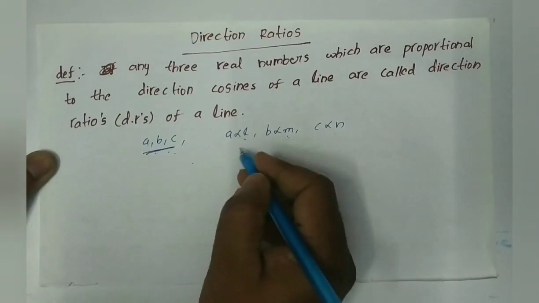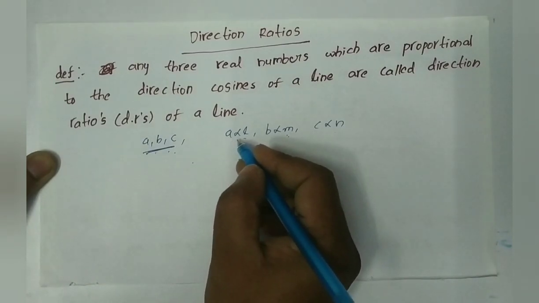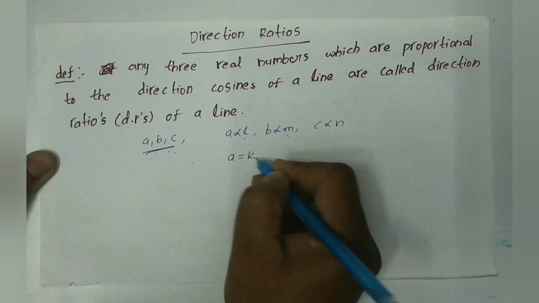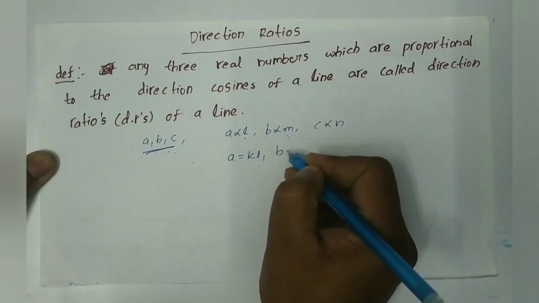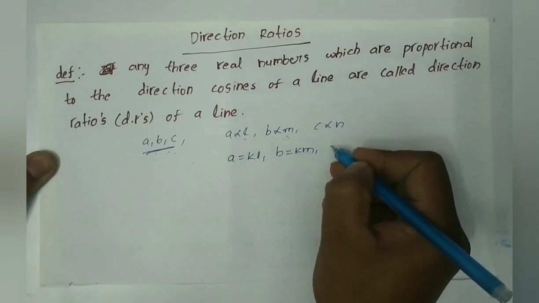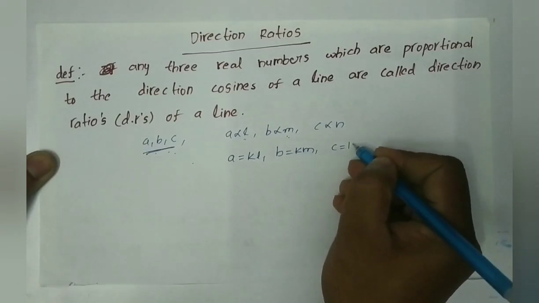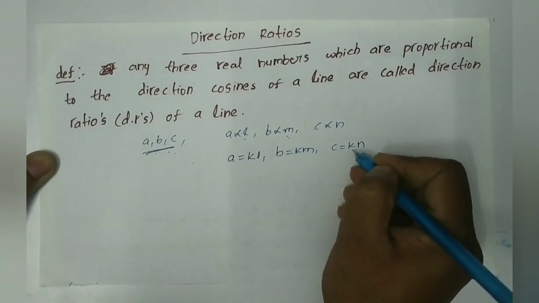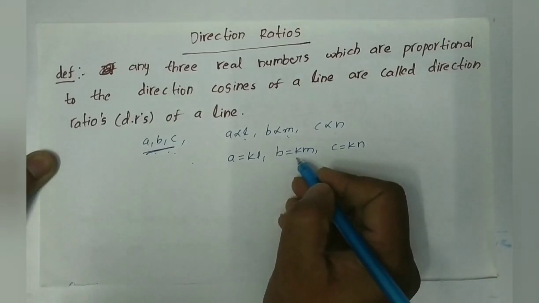In this case, a proportional to l can be written as a is equal to kl, b proportional to m means b is equal to km, and c proportional to n means c is equal to kn, for any non-zero constant k which belongs to the real numbers.